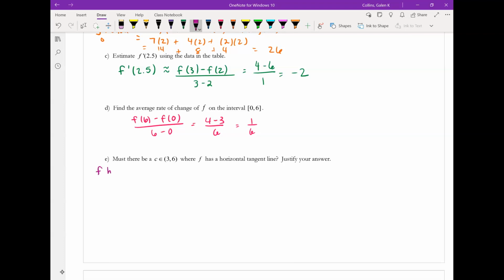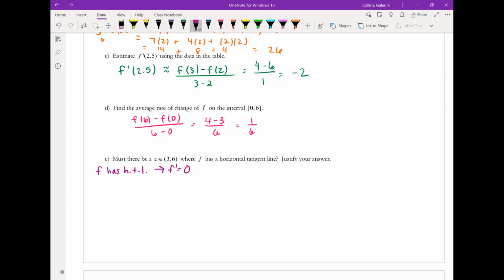So if f has a horizontal tangent line, that means f prime is 0, since the slope of a horizontal line must be 0. So what this problem is really asking me is, must there be a c on the interval 3 to 6 such that f prime of c equals 0? And that should tell me that this is a mean value theorem problem.